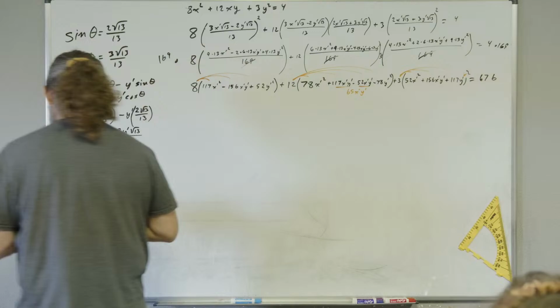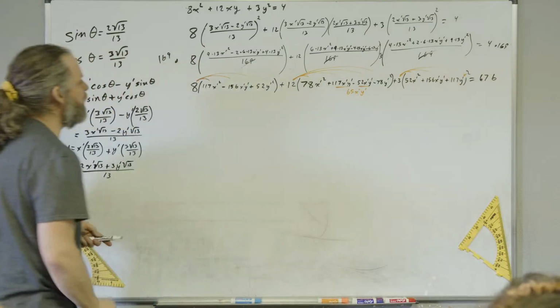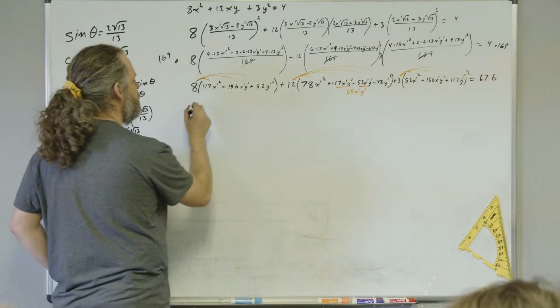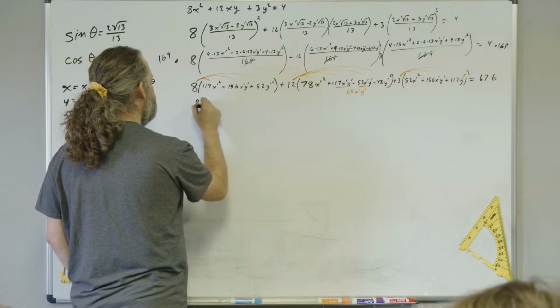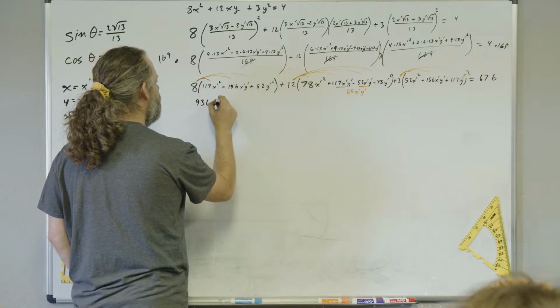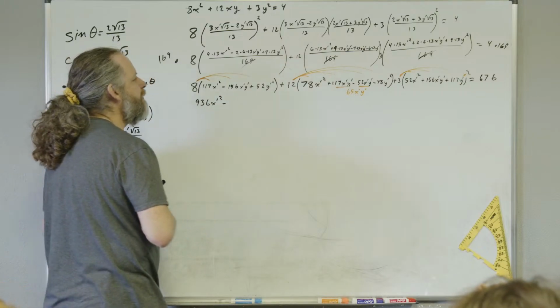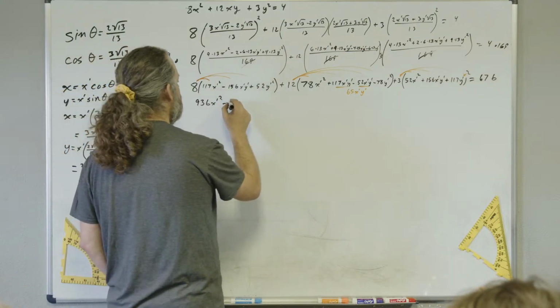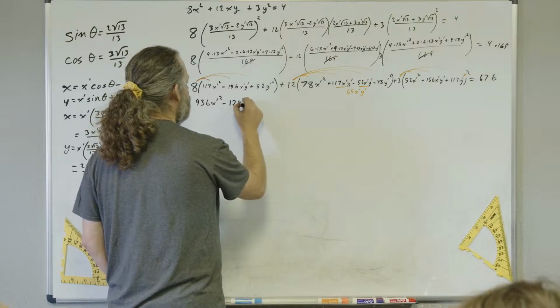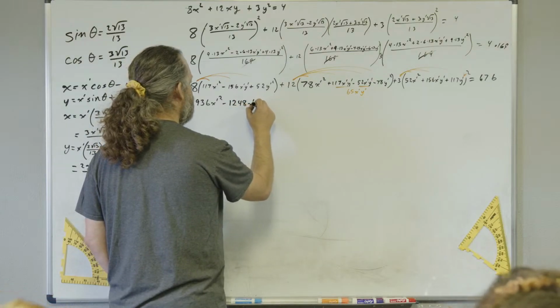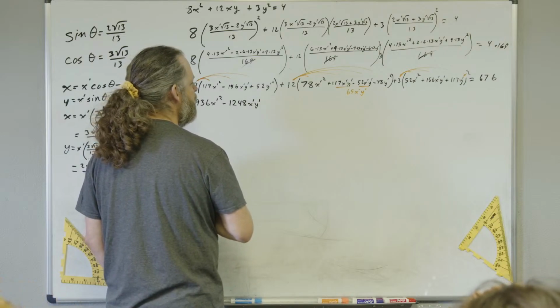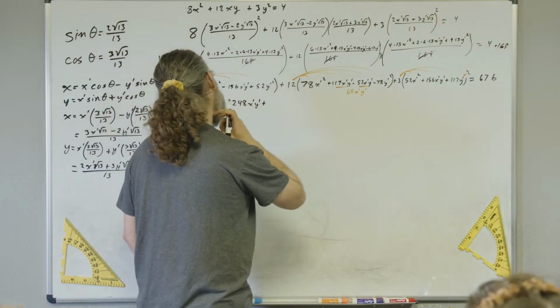All right, here we go. 8 times 117, 936 x prime squared, minus 8 times 156, 1248 x prime y prime, 8 times 52, 416.